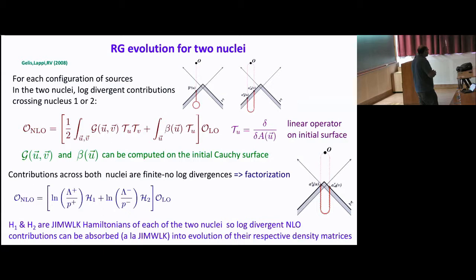So one can now say, suppose I have two nuclei, coming back to this heavy-ion collision. How do I compute, say, some inclusive operator now? It can be either the average multiplicity, or a two-particle correlation, or a three-particle average inclusive quantity.